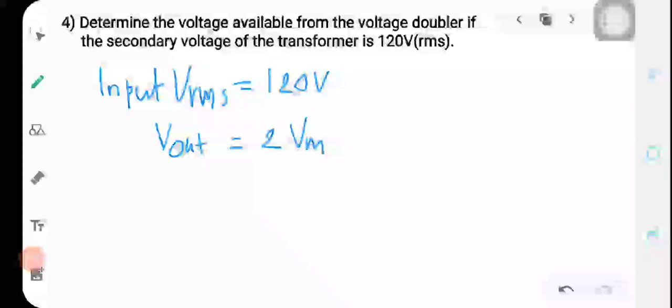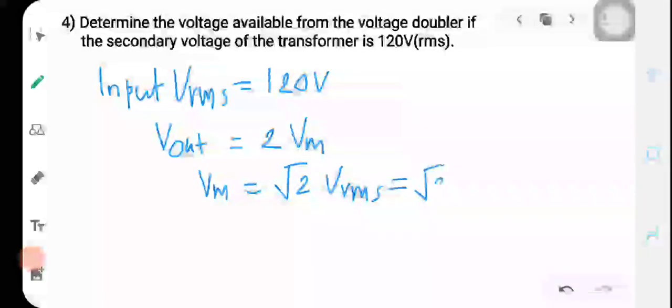From the input Vrms, Vm can be obtained as Vm is equal to root 2 Vrms, which is equal to root 2 into 120, which, if you calculate it, is 169.7 volt.